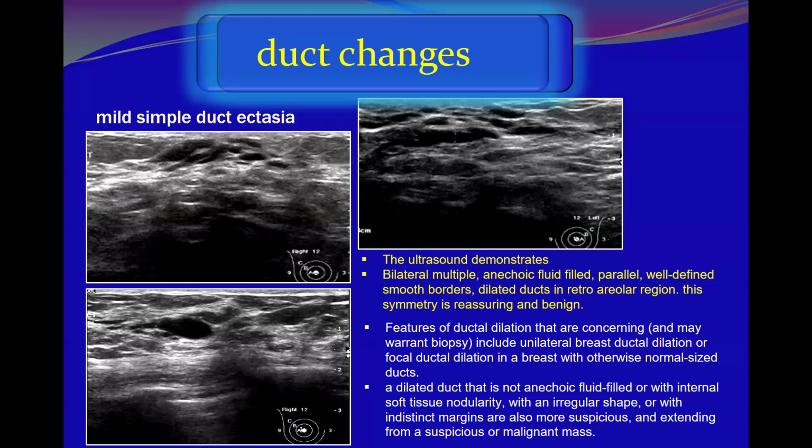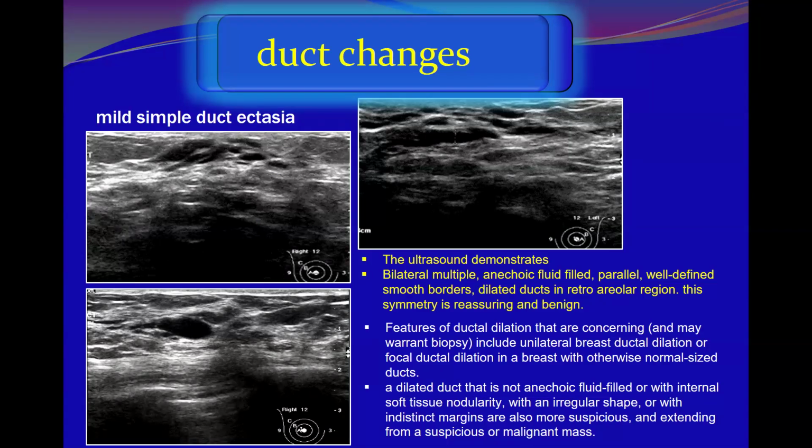So the features of ductal dilatation that are concerning and may warrant biopsy include unilateral duct dilatation or focal ductal dilatation in a breast with otherwise normal sized ducts, only a single duct, a solitary duct, okay, or focal duct.